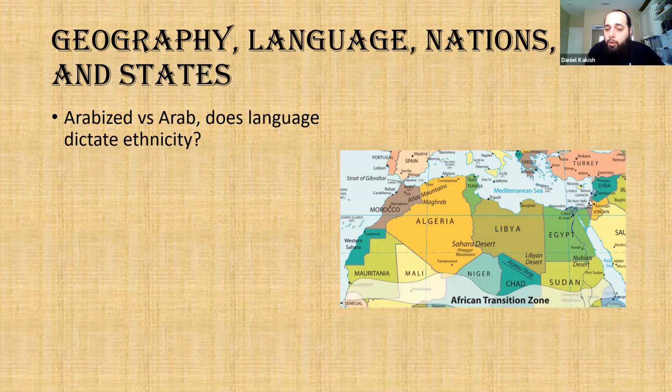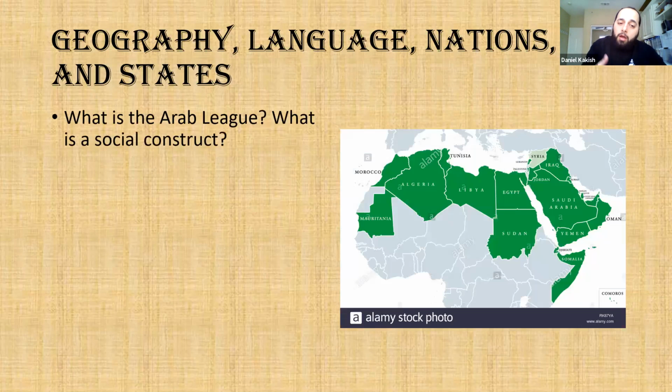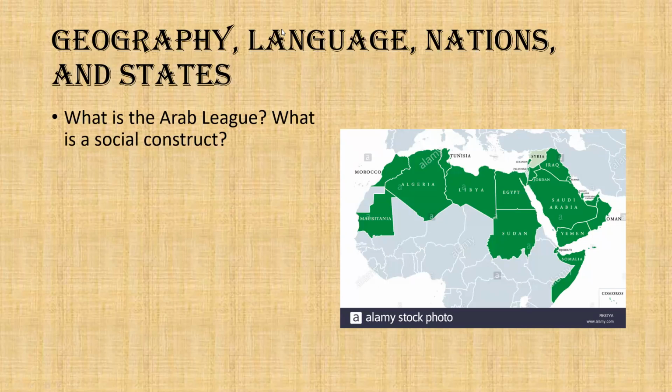So this is very important to remember, because something that exists today, the Arab League, again, is a social construct, which means it's something that was invented recently by humans, and they try to include any country that has Arabic as an official language, even if they're not Arabs, or even if they don't even speak Arabic, like Somalia or Djibouti, or the Comoros Islands.